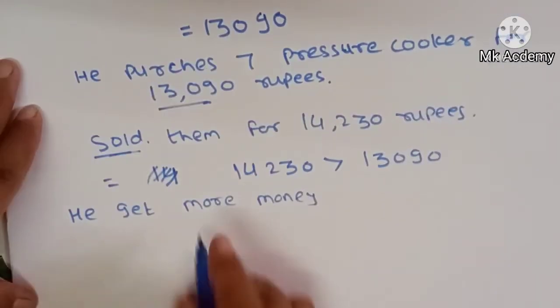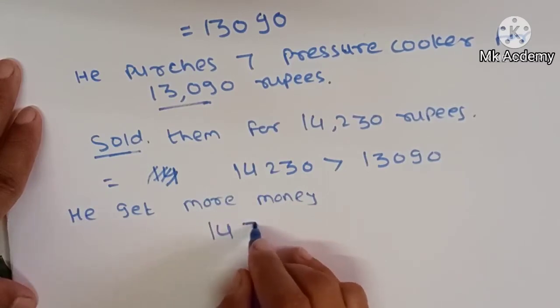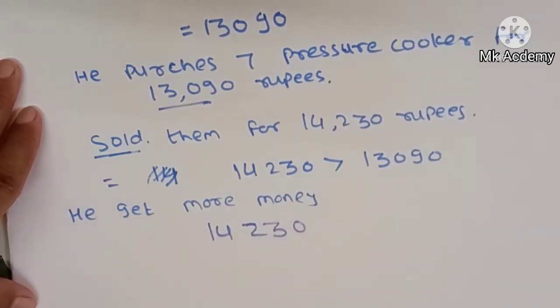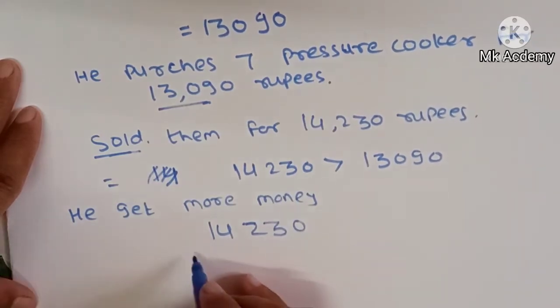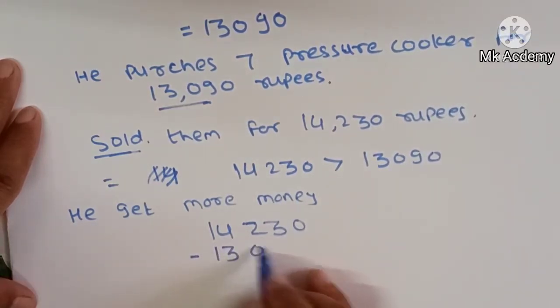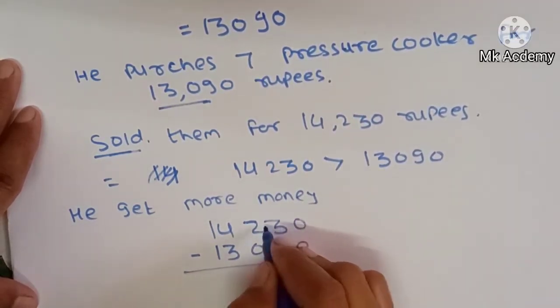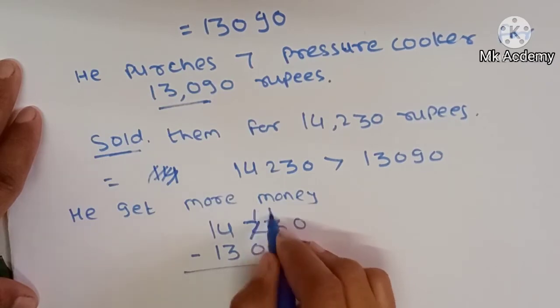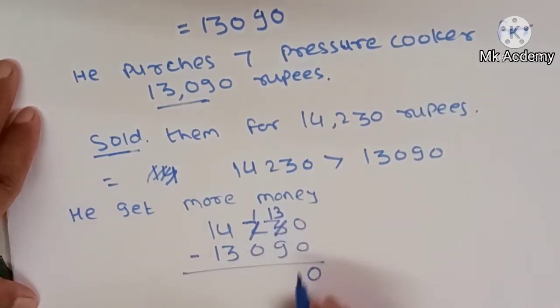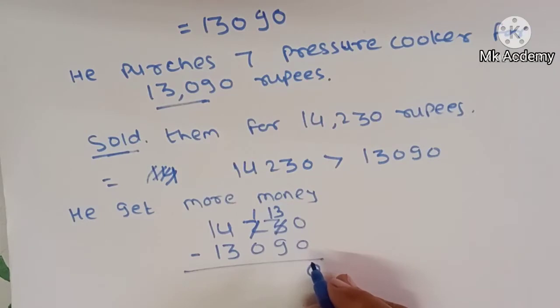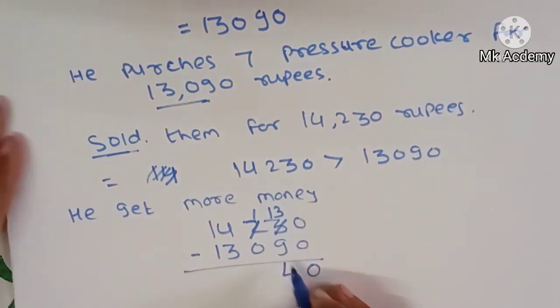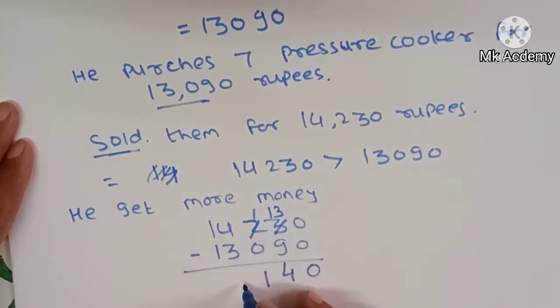Let's calculate. 14,230 minus 13,090. 0 minus 0 is 0. Here 13 minus 9: 10, 11, 12, 13, so 4. 1 minus 0 is 1, 4 minus 3 is 1, 1 minus 1 is 0.